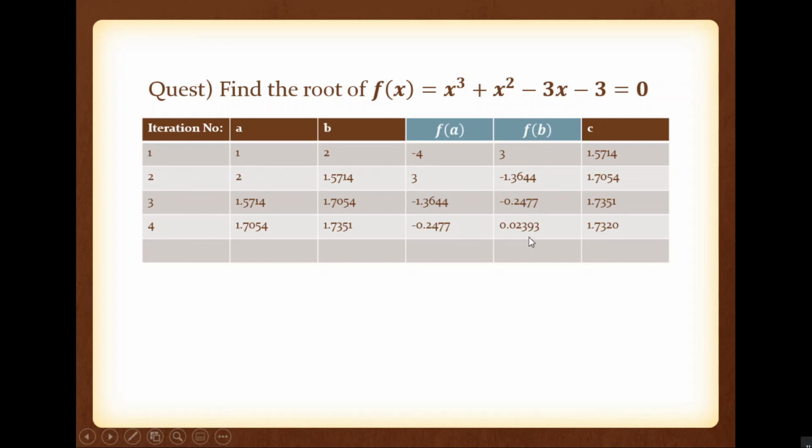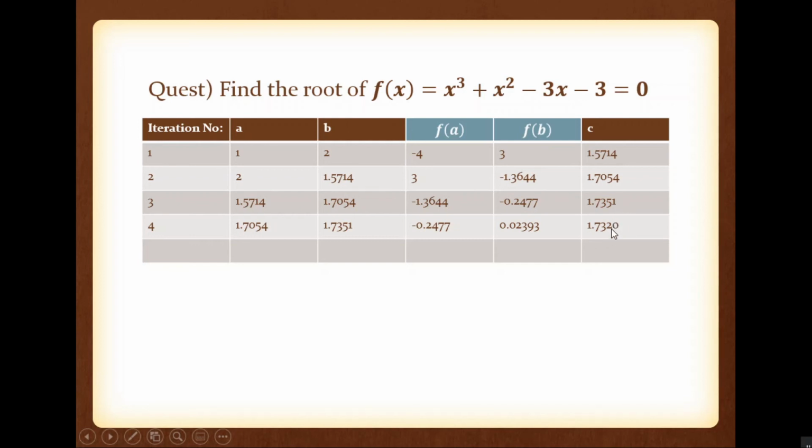Then f of B, that is f of 1.7351, is 0.02393. You can see that the function value is becoming small. Now the new C is 1.7320. So after the fourth iteration, I have C equal to 1.7320.